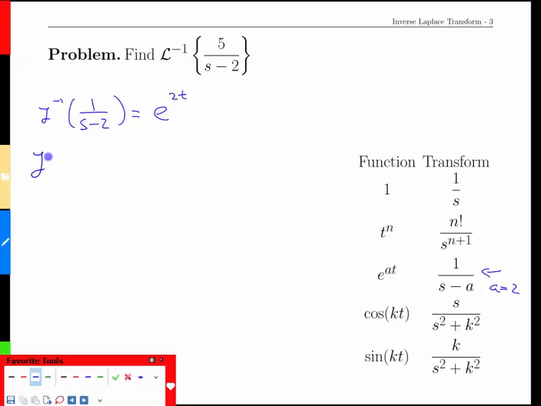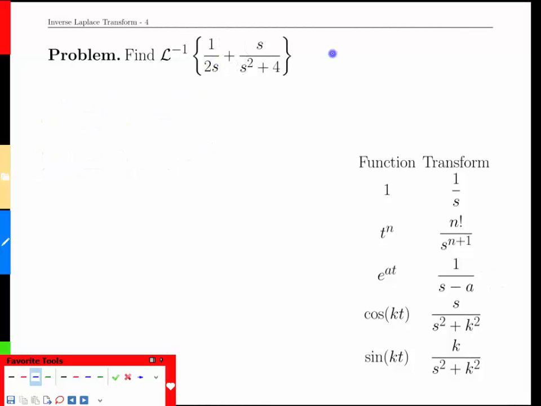We can further refine that then and say the inverse transform of 5 over s minus 2 is going to be 5 e to the 2t. These are steps that we wouldn't necessarily show every time. If you can see the inverse transform through its table entry, we would just copy down the answer that we know is correct. But this shows how we can build up towards the transform of a more complex function.